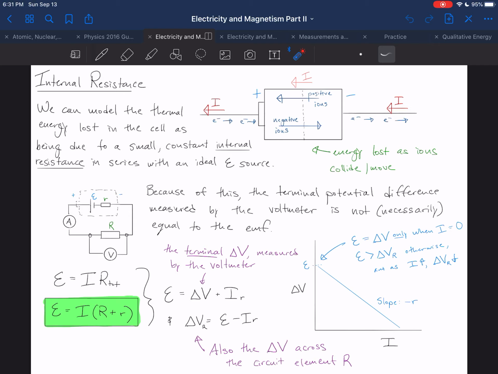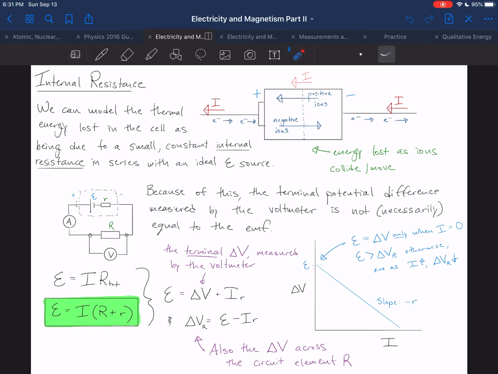And in fact, the EMF is equal to I times capital R, or the terminal potential difference, plus I times little r, where this is the internal resistance term. We solve for the potential difference across R, or the terminal potential difference, and we get the following equation: delta V_R is equal to epsilon minus I times the internal resistance.